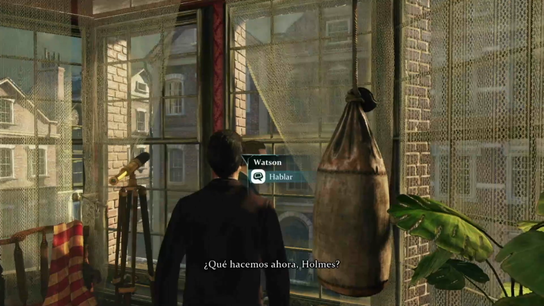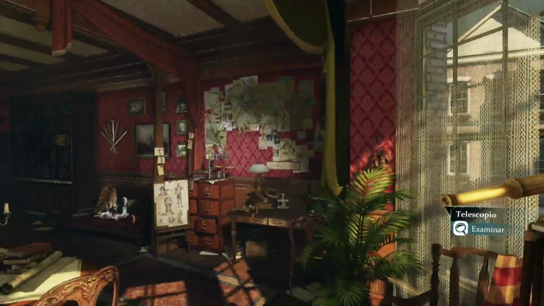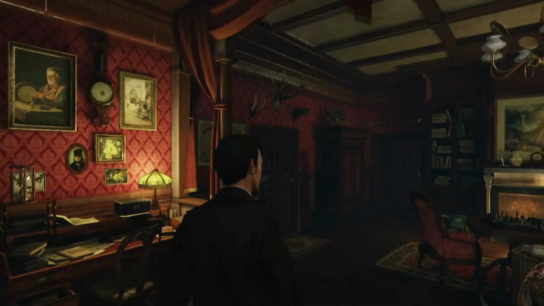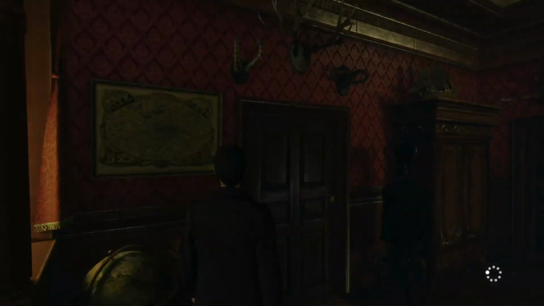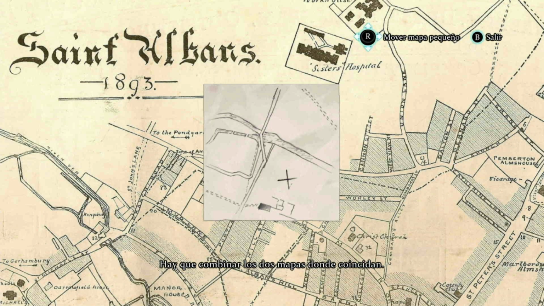What should we do next, Holmes? Now we have two maps. We must combine them properly.